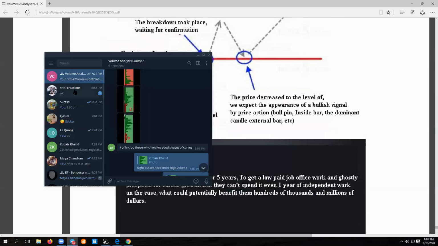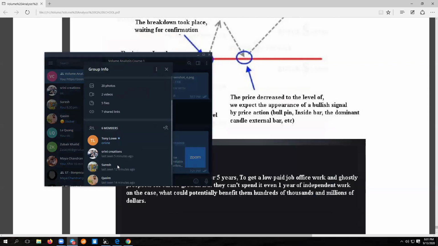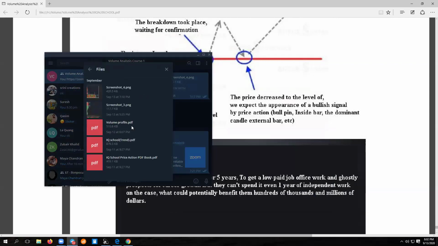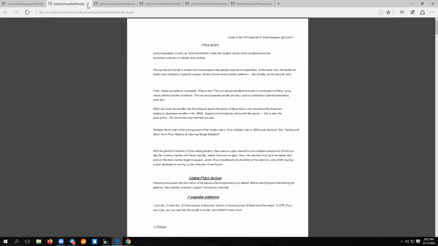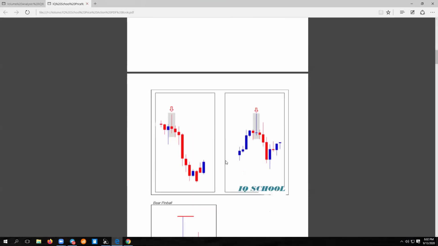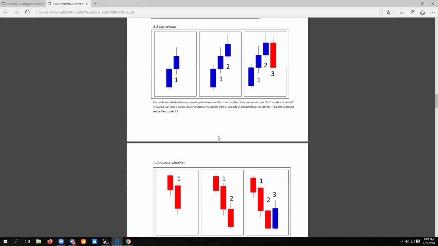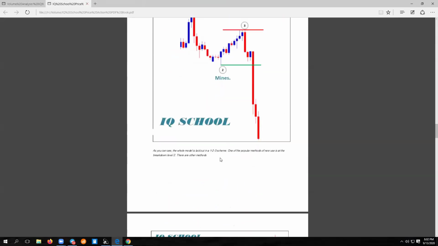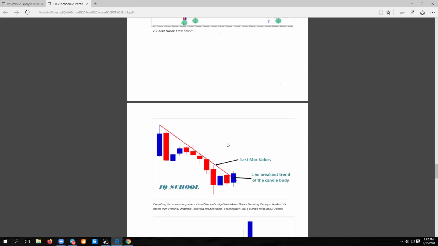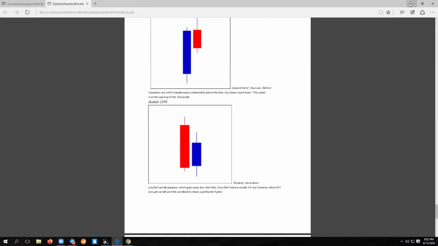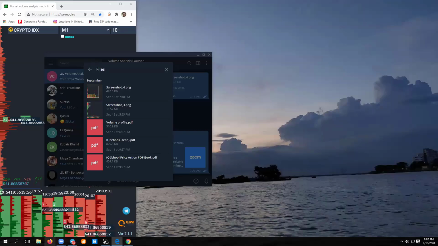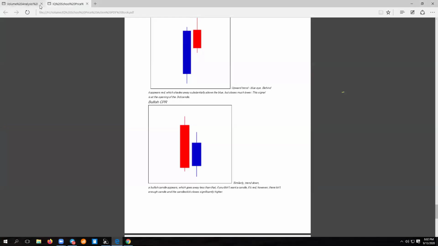Here, which is a confirmation candle in 15 seconds? Inside bar, 3 bar spread. It's all working as a confirmation candle. We'll use all the confirmation candles explained here.